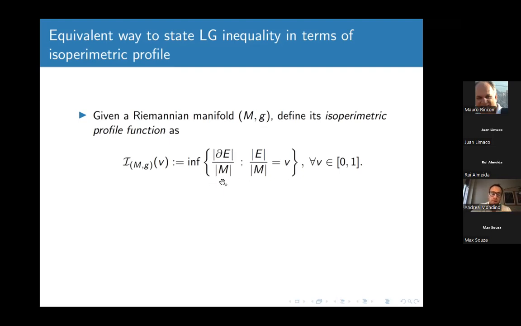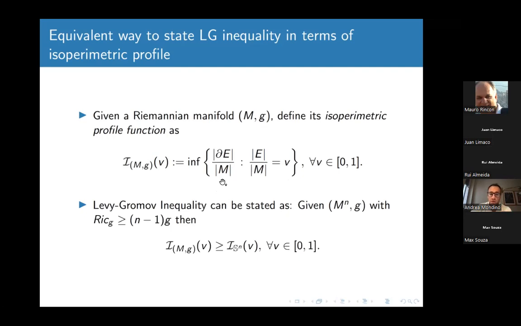Now the isoperimetric inequality can be stated as follows: given an n-dimensional manifold with Ricci bounded below by n-1, then the isoperimetric profile function of the manifold is bounded below by the isoperimetric profile function of the round sphere of radius 1. And this holds for every renormalized volume V between 0 and 1.